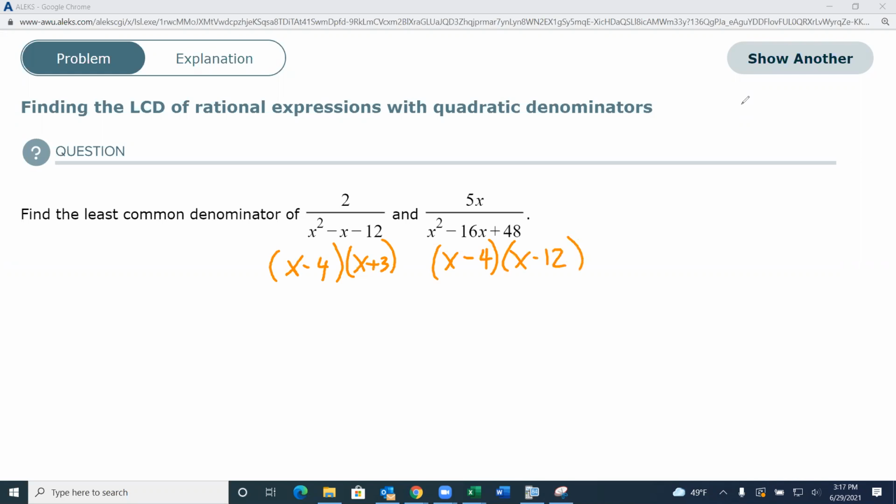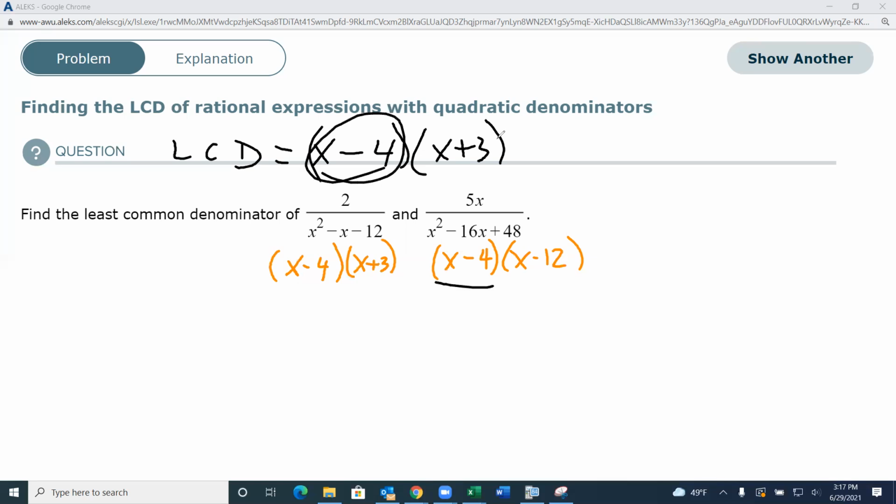So my LCD, I'm going to put it back up here like I did last time, is going to be the first factor, the second factor, and then just keep going across. This one says I need an x minus 4. Well, we've already got it there, so don't sweat it. And then I need an x minus 12.